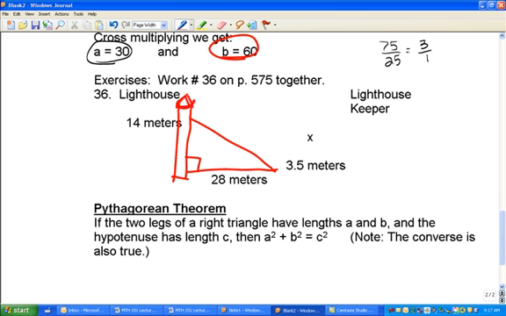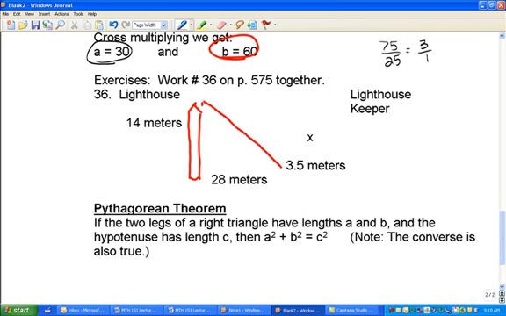Here's the lighthouse, and it's casting a shadow that's 28 meters long, whereas the lighthouse itself is 14 meters tall.